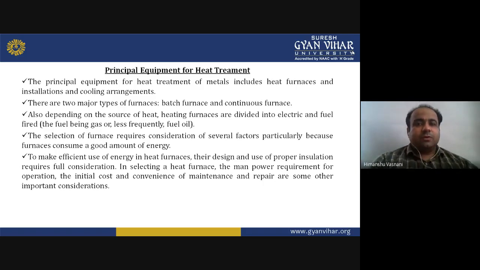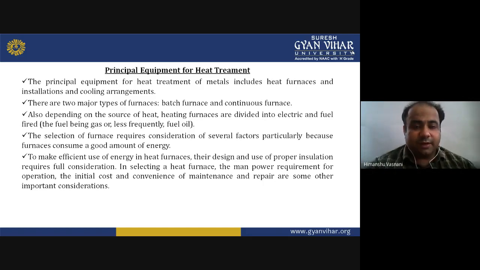They require good installation and a good cooling arrangement also for the next purpose. To make efficient use of energy in heating furnaces, the design, proper installation, and proper insulation require full consideration.